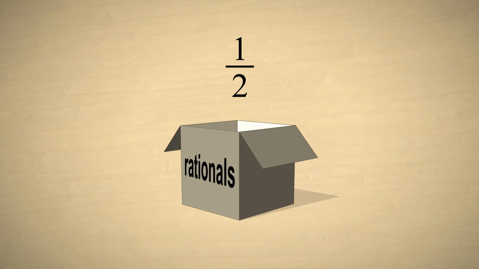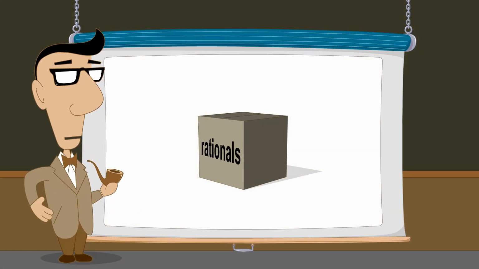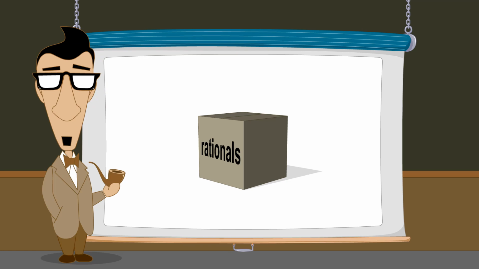In fact, this is where the term rational comes from. Rational number means a number which can be expressed as a ratio. With rational numbers, we finally have a number system which can represent the result of any arithmetic operation. In the next few lectures, we will explore arithmetic operations using various types of rational numbers and fractions.